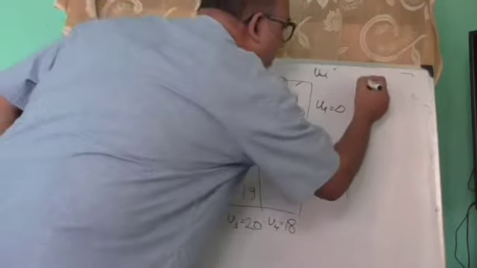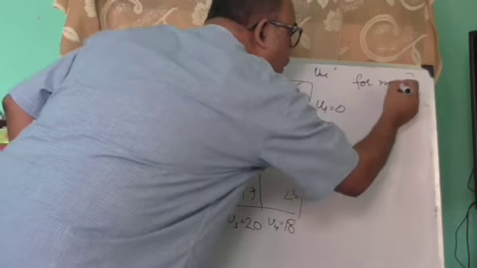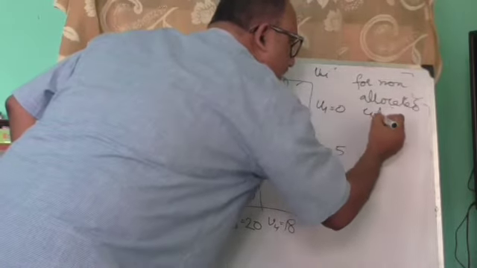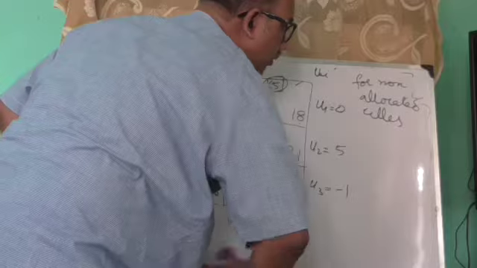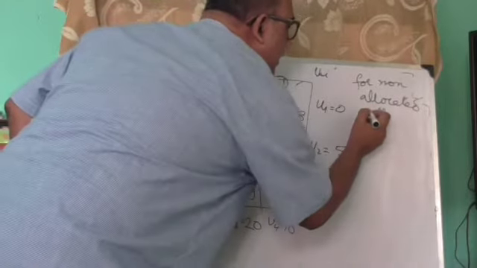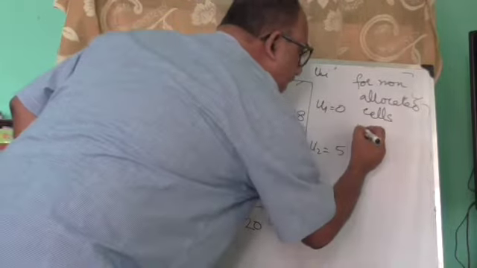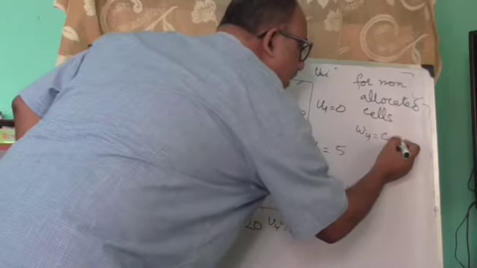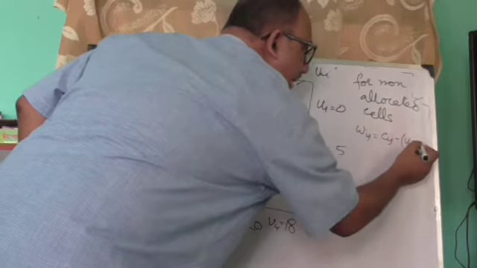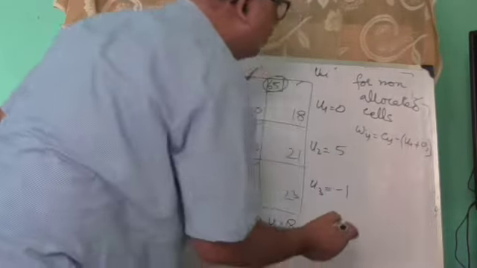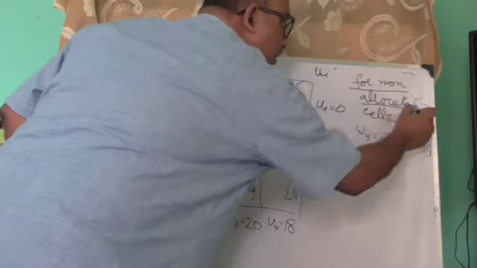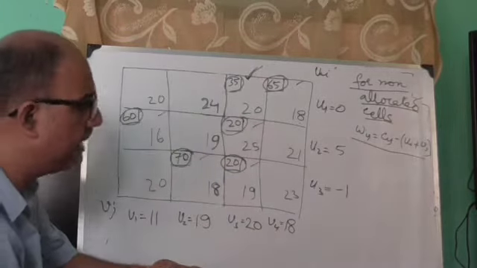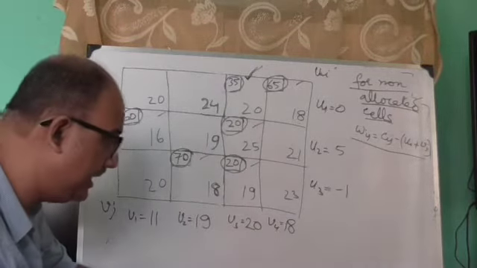So for non-allocated cells, you have to calculate Wij, which is equal to Cij minus Ui plus Vj. Mind that this is for non-allocated cells, you have to calculate Wij. Wij is equal to Cij minus (Ui plus Vj).